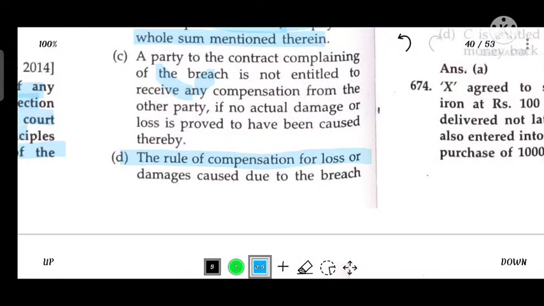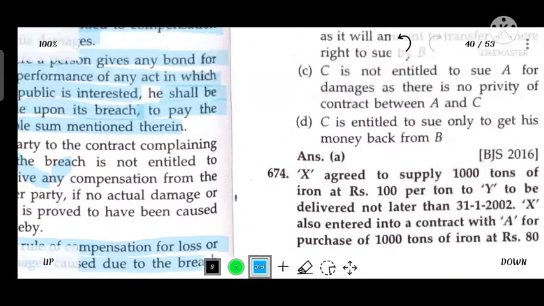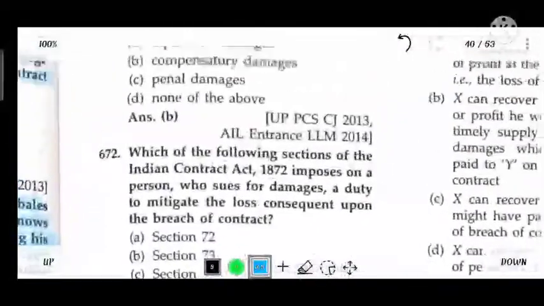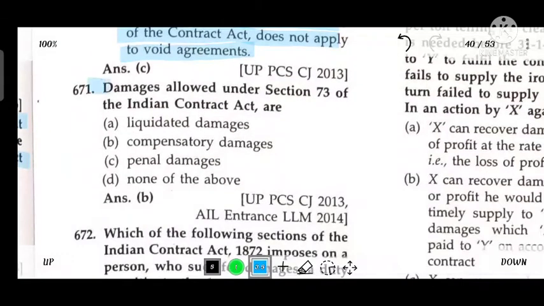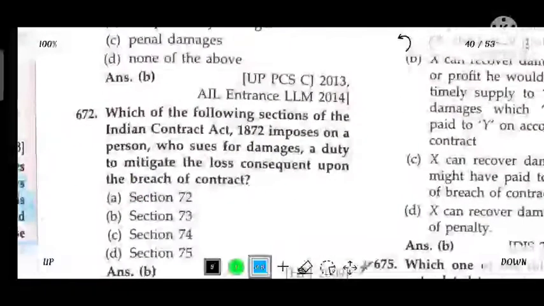The rule of compensation for loss or damage caused due to breach of the contract contained in Section 73 of the Contract Act does not apply to a void contract. Damages allowed under Section 73 of the Indian Contract Act are compensatory damages.